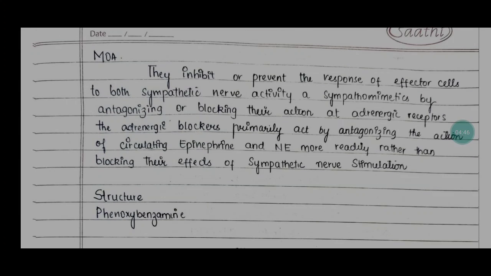So the mechanism of action: they inhibit or prevent the response of the effector cell to both the sympathetic nerve action and sympathomimetics, by antagonizing or blocking their action at the adrenergic receptor. The adrenergic blockers primarily act by antagonizing the action of circulating epinephrine and norepinephrine more readily, rather than blocking the effects of sympathetic nerve stimulation.